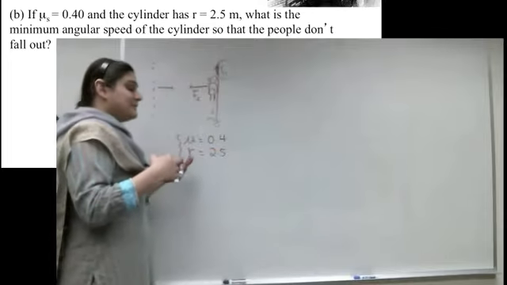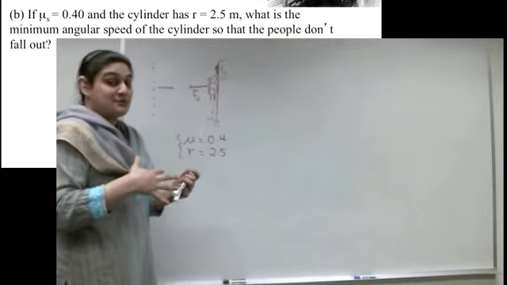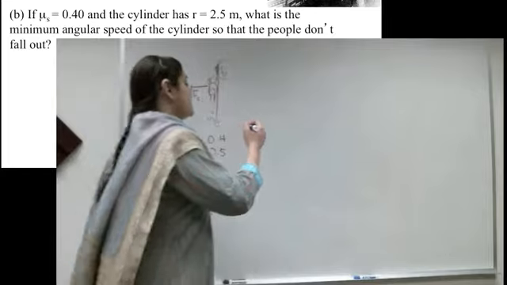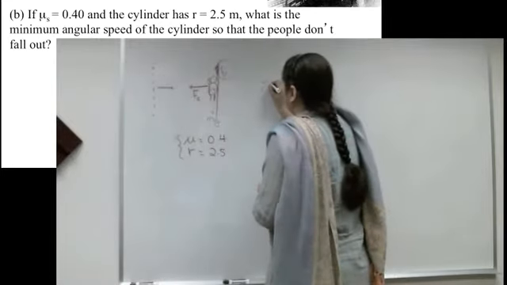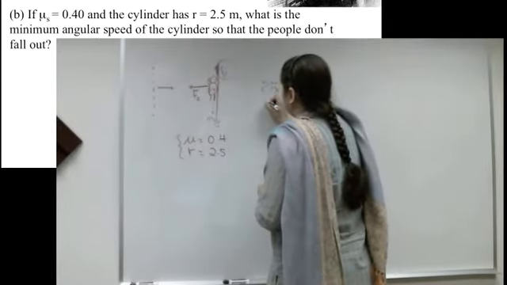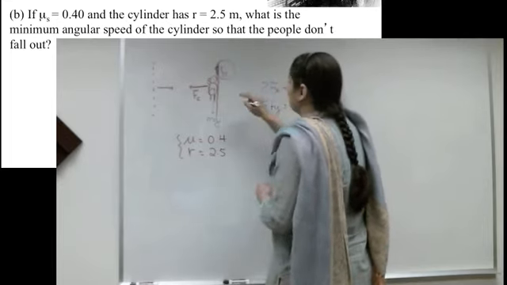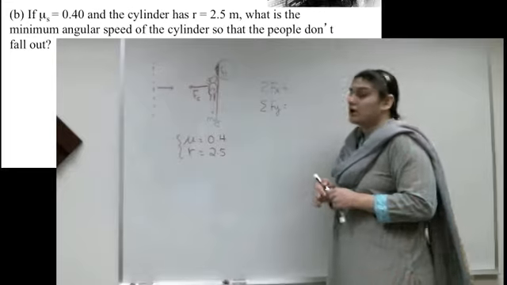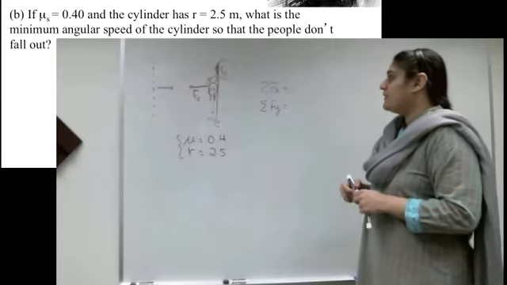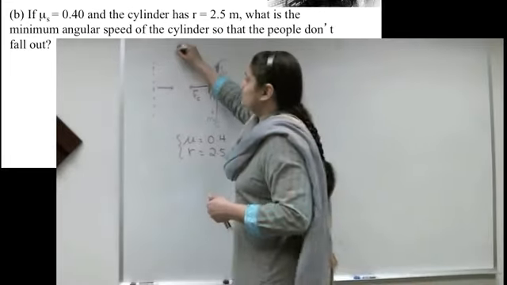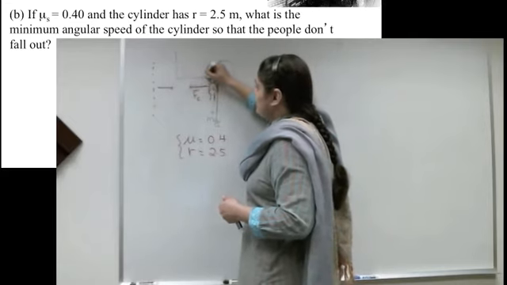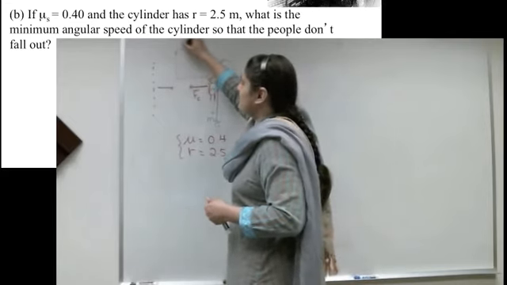So in order to solve problems like this, we are going to go back to our Newton's laws, okay? So Newton's law says sigma Fx and sigma Fy. Write down all the forces that are acting on this person along the x-axis. Let's suppose we call this our positive x and this our positive y.